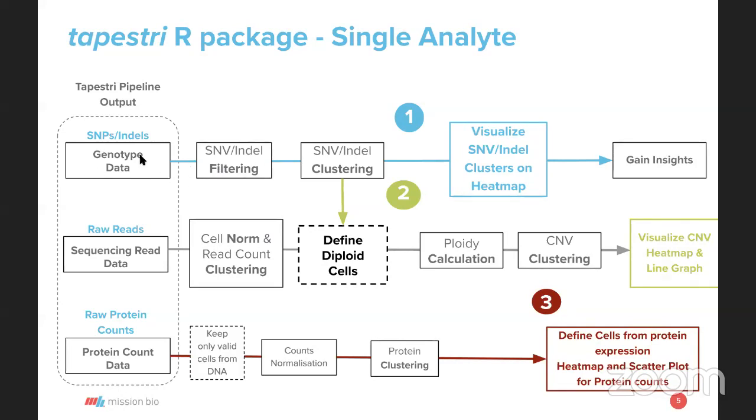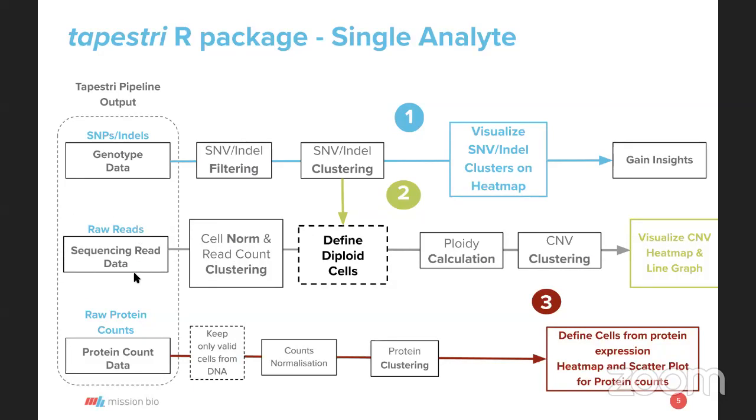You could load that data, filter it based on some basic filtering we have, cluster those cells based on your SNV and indel, and visualize the data in a scatter plot or heat map and gain further insights.